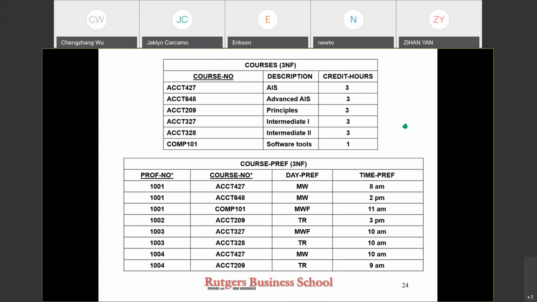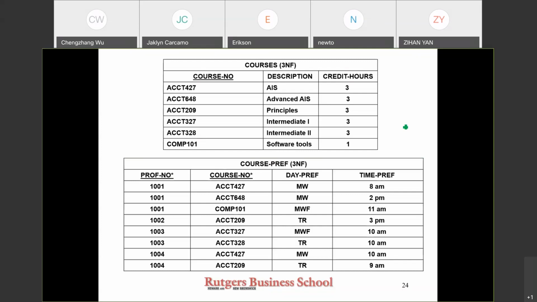Well, as you can see in this slide, the course description and credit hour fields now have an independent existence since they are represented in the courses table. Both the non-key attributes in the course table are functionally dependent on the primary key, course number.